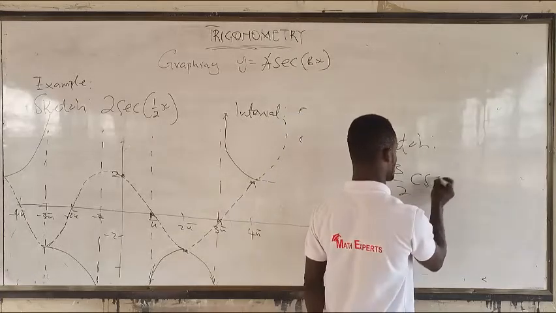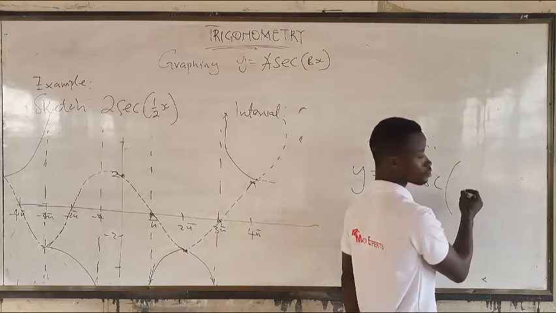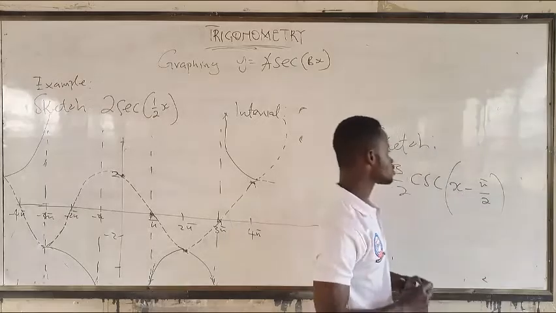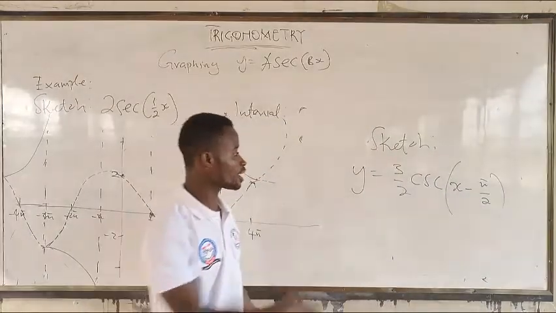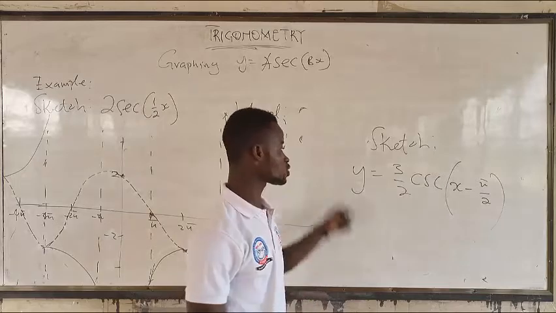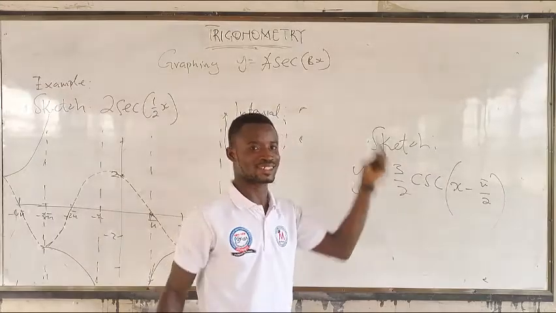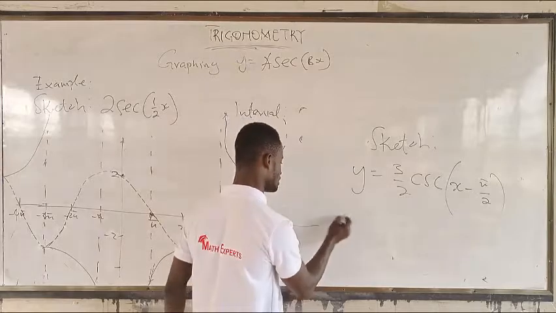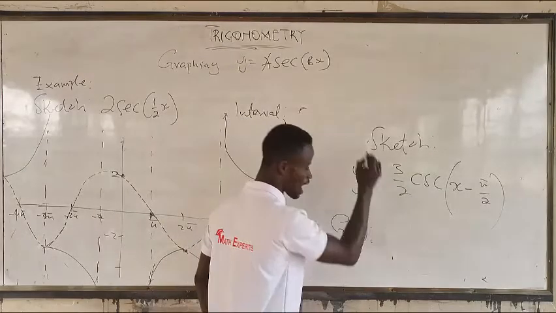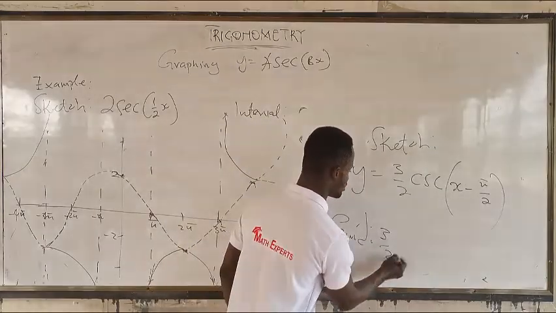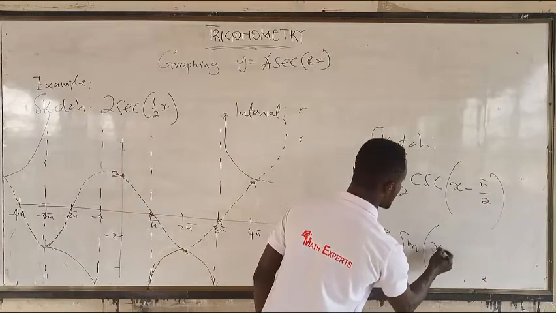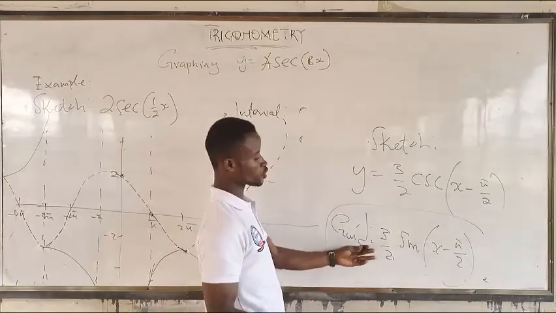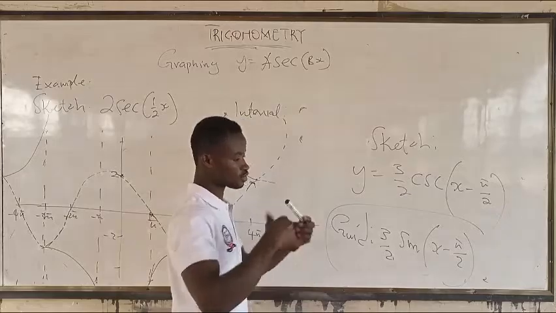It's similar to this. Now with these two ones, you can get a phase shift and all that. Okay, so go and try on this, go for that amplitude and that will go your way. Very good. But you know what is going to be your guide? This is going to be your guide. Your guide is going to be 3 over 2 sine of x minus pi over 2. So you put this on the table and know how to go about it.